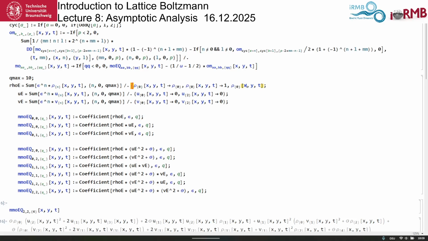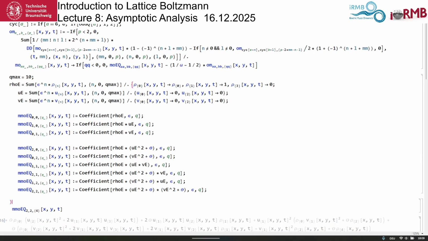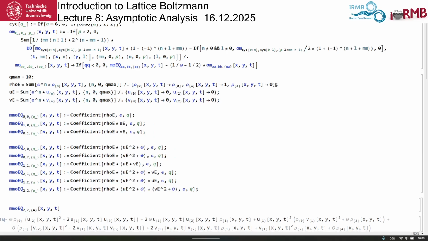There is a reason for this, and that has something to do with symmetry. But because we are completely over time, we are not discussing it any further.